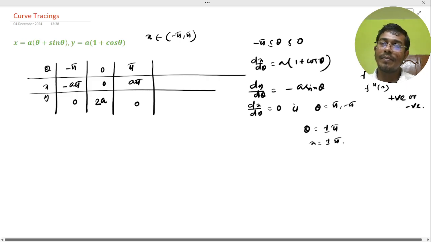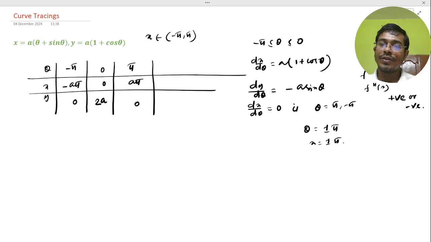Like that we get the maximum and minimum conditions, and we also consider singular points and asymptotes for plotting.